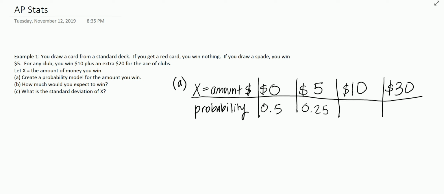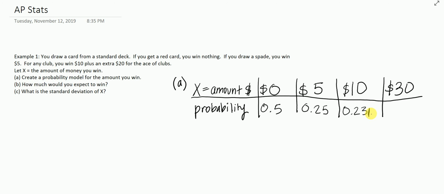Now here's where the rest of this gets kind of decimally. We have 13 cards left, which make up the clubs. And according to this, 12 out of 52 of those cards are going to be clubs that are not aces. If you divide 12 by 52, that probability, and I am rounding, which is bad, is 0.230769, etc., or 0.23.